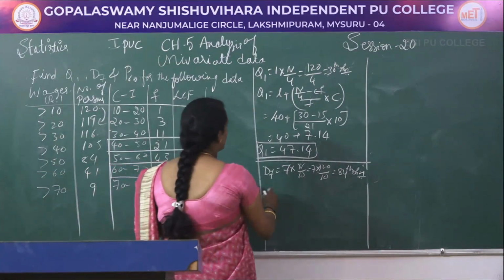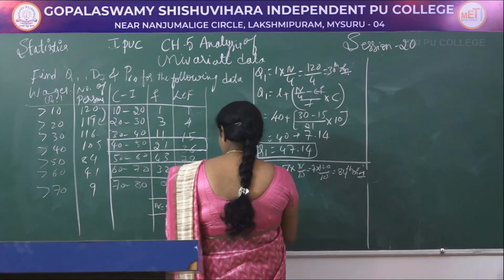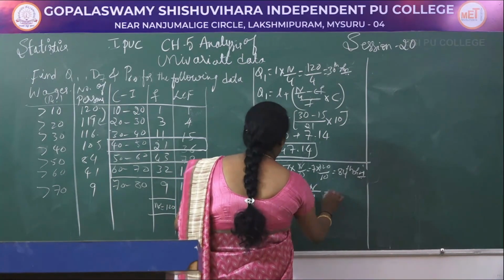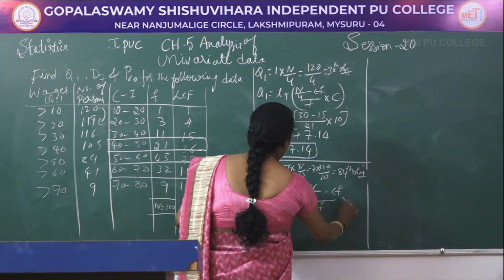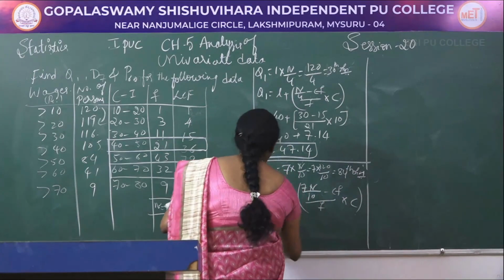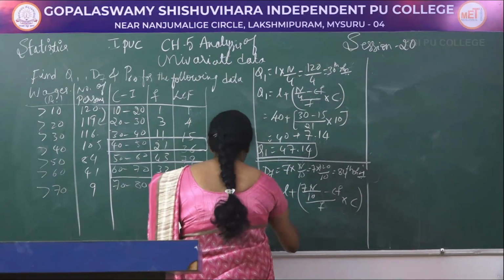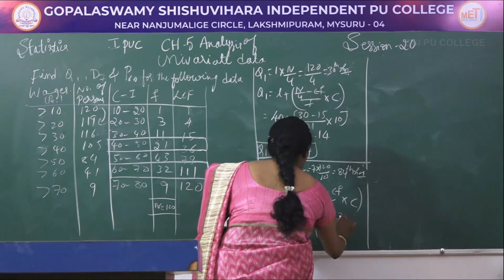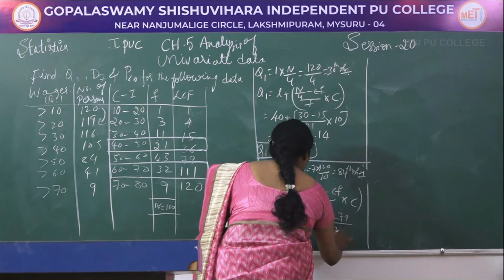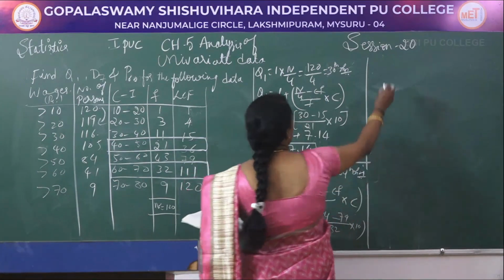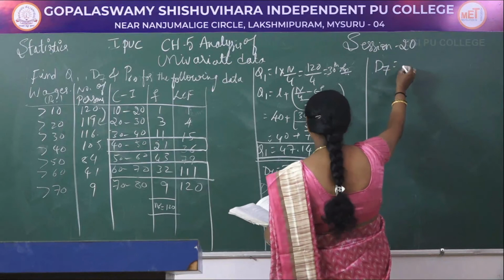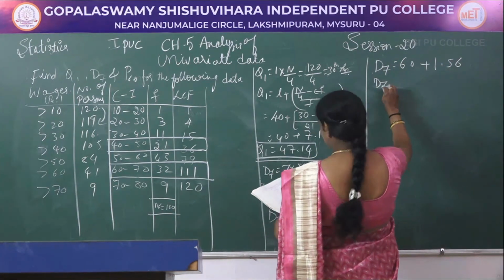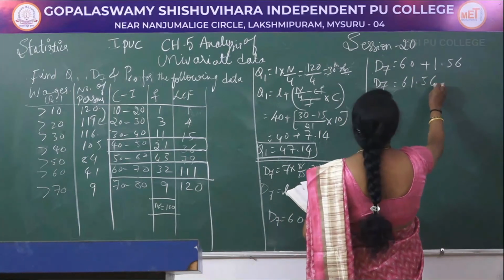Now I will write the formula: D7 is L plus 7n by 10 minus CF by f into c. Substituting, it is 60 plus 84 minus 79 divided by 32 into 10, so D7 is 60 plus 1.56. D7 is equal to 61.56.